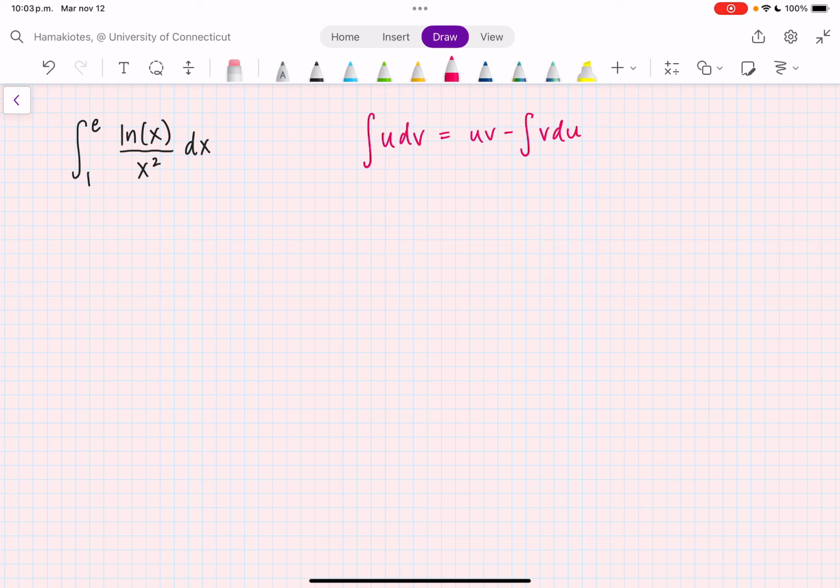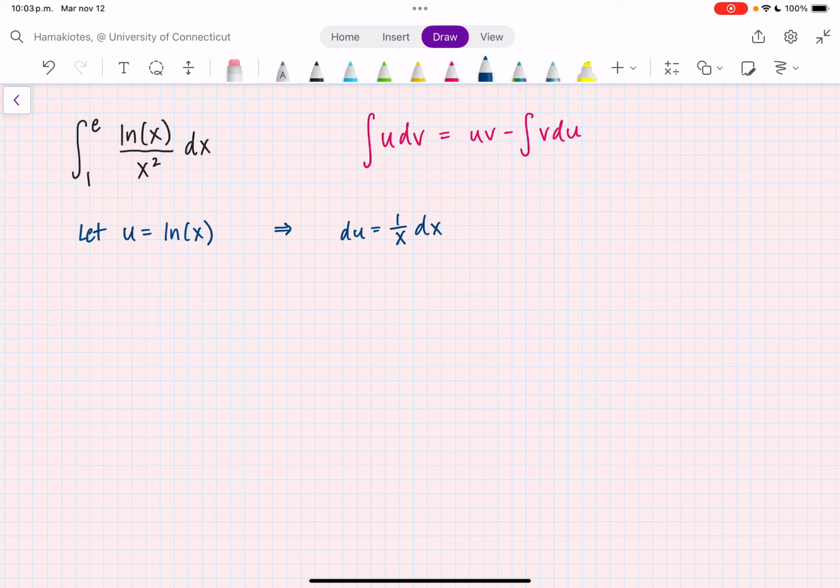First, let's set up our u and our dv. I'm going to let u equal ln of x, which means that du is the derivative of ln of x, which is 1 over x dx.